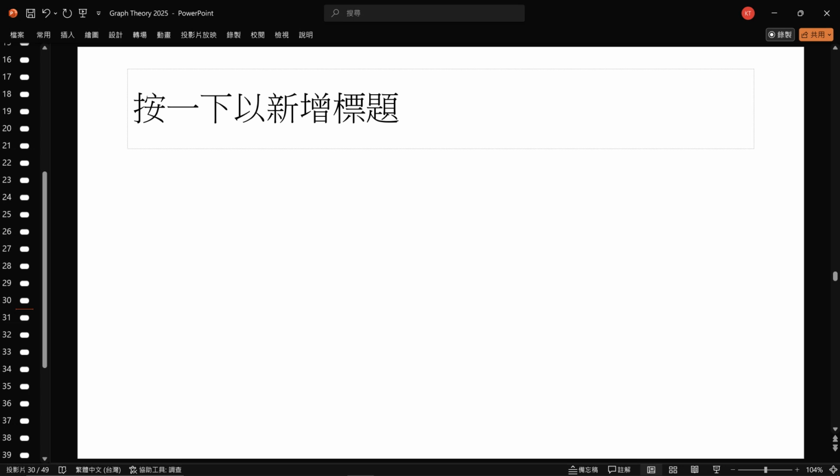So what is the definition of a graphical degree sequence? What does it mean when I say that a degree sequence is graphical? You can draw the degree sequence as a graph. So there's a graph called G prime that realizes D prime.